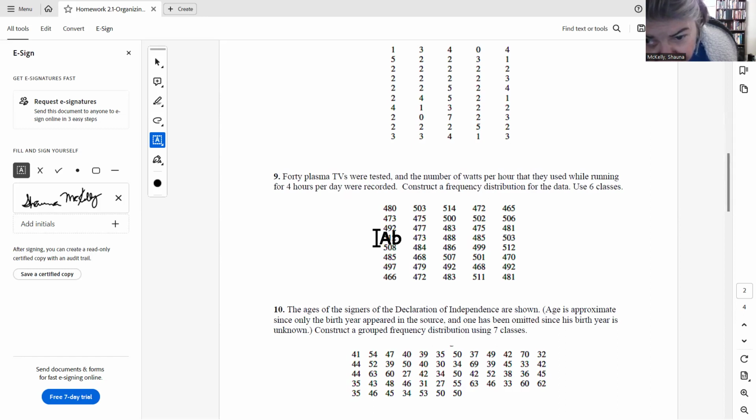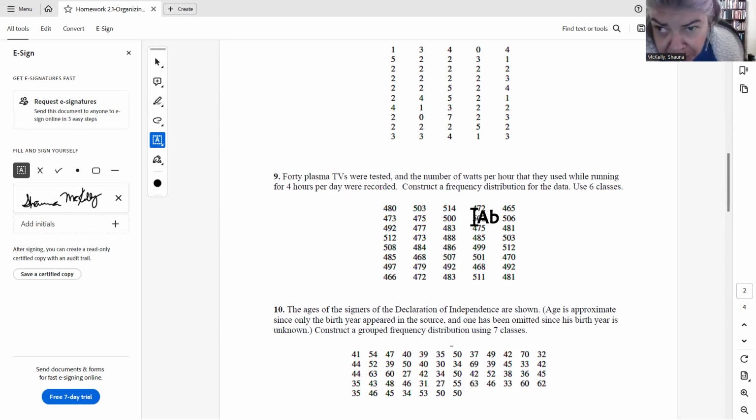Construct a frequency distribution for the data. Use 6 classes. Obviously, if we're going to use 6 classes and we have like 480 and 473 and 501 and 499, we're not going to be able to use every number and get 6 classes. So we're going to have to group this. This is a grouped distribution, okay?